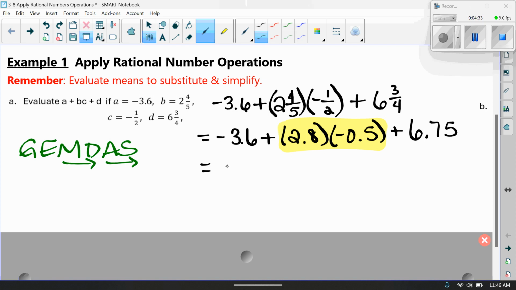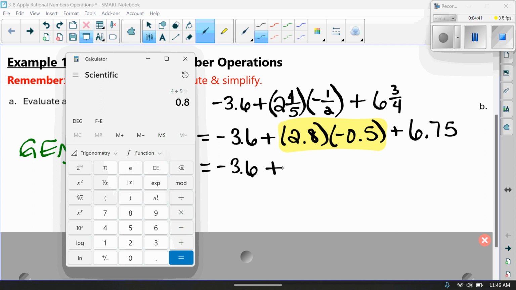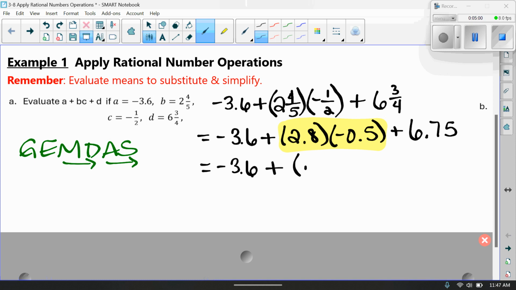So we've got a negative 3.6 plus, now we're going to put this in the calculator. So that's 2.8 times 0.5. That gives us 1.4. But remember, this is a positive times a negative, so this is going to be a negative. So we have plus a negative 1.4.